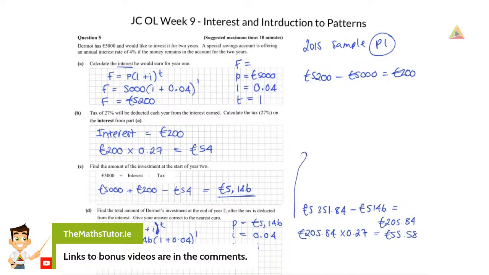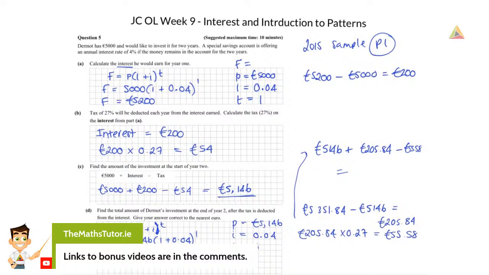Now I'm just going to finish it up here. So remember the formula we had from before. So find the amount of the investment at the end of year 2 or the start of year 3. So that's going to be your starting figure, which was 5,146, plus the interest, which was 205.84, minus the tax, which was 55.58.